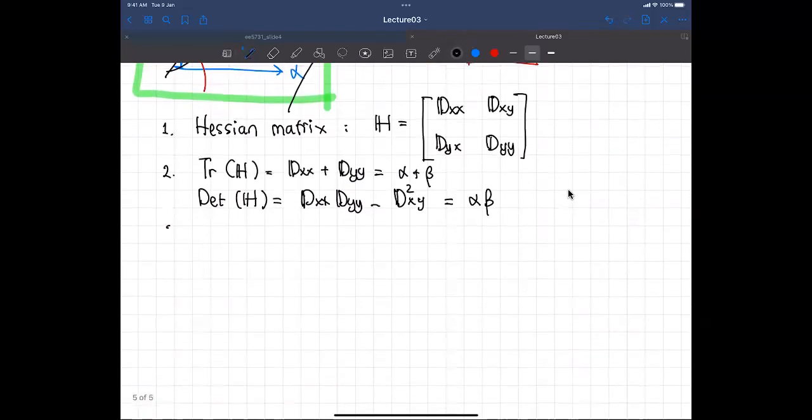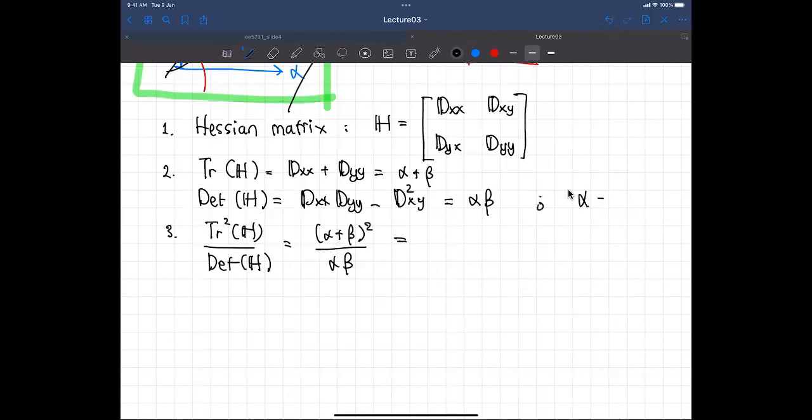Okay, so now the third step, if you put the trace squared of H divided by the determinant of H, it equals what then? Alpha plus beta squared divided by alpha beta. And let's define the relationship between alpha and beta as alpha equals R multiplied by beta.